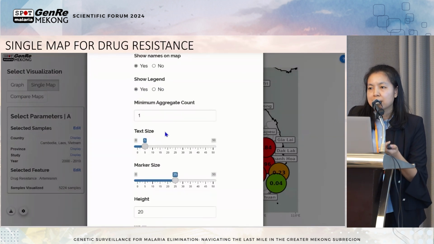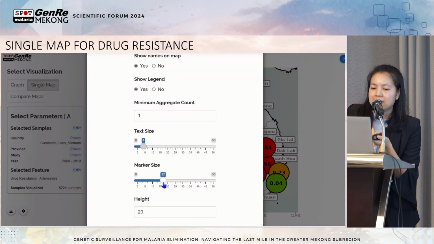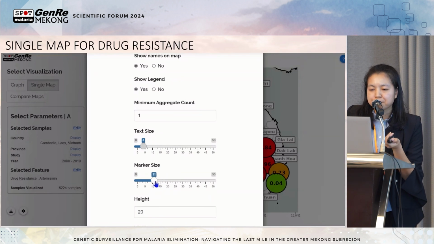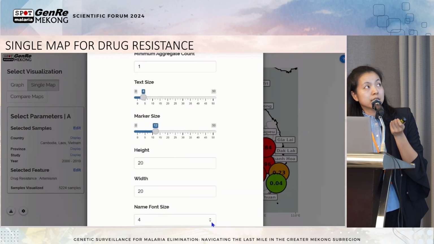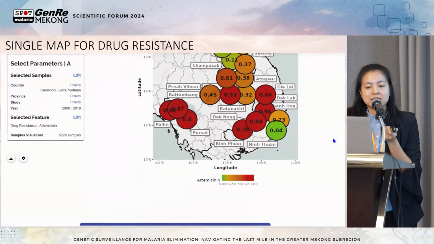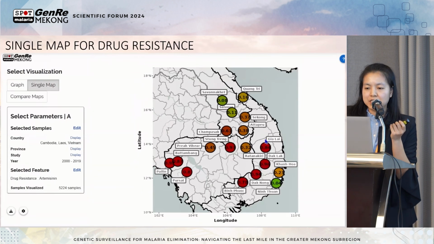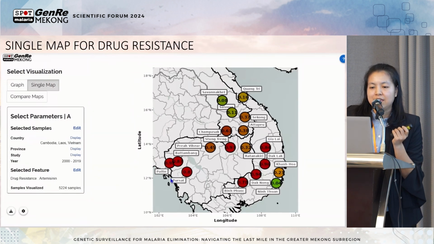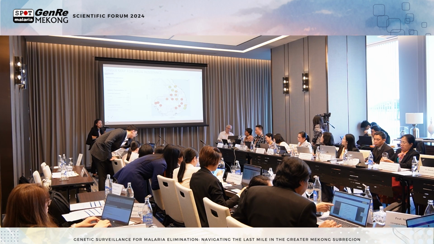You can also adjust the size of the map in case you want it to be bigger or smaller. In this case, I just want to reduce the size a little bit. You can choose a size between 10 to 15. And then when you click display change, you can see that the size of the marker has been changed here. Okay. So we are having the same map here.